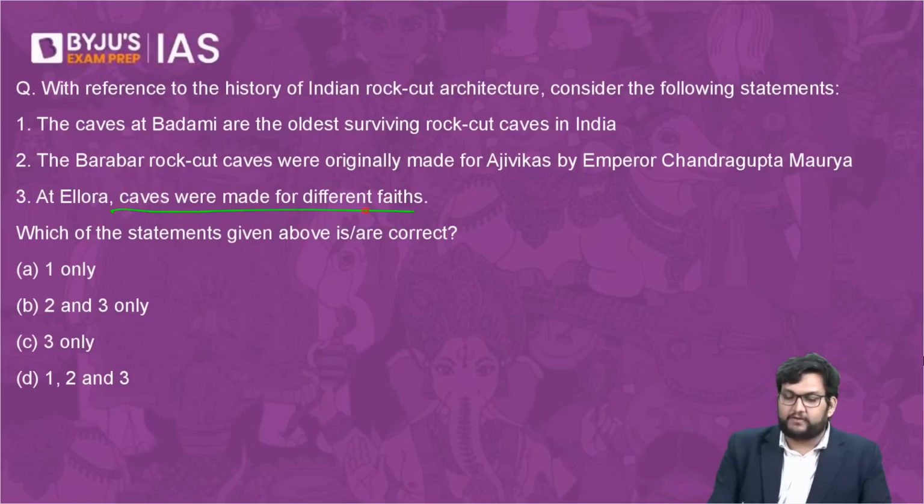Ellora has caves of different faith. Now, Barabar rock cut caves were given to Ajiviks by Chandragupta Maurya. He's a Jain.